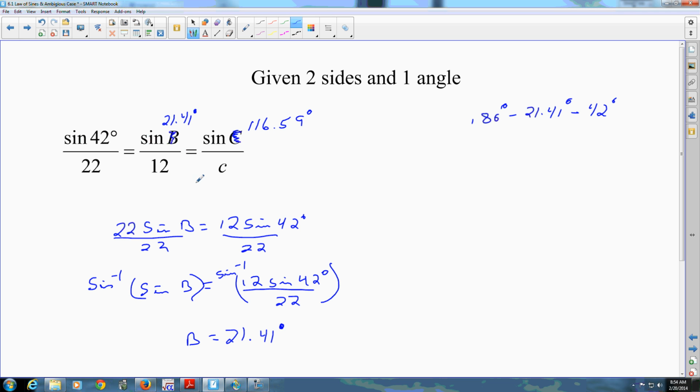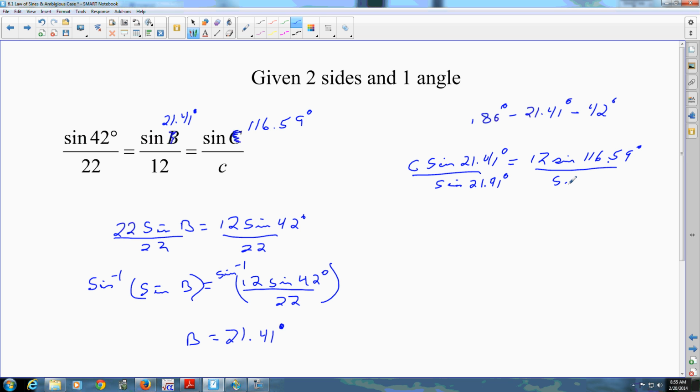Okay? Now, it really doesn't matter which one you cross multiply. If you want, these two are together. If you want to just cross multiply these, so you'd have C sine of 21.41 degrees equals 12 sine of 116.59, and you want to solve for side C, so you divide by sine of 21.41 degrees.